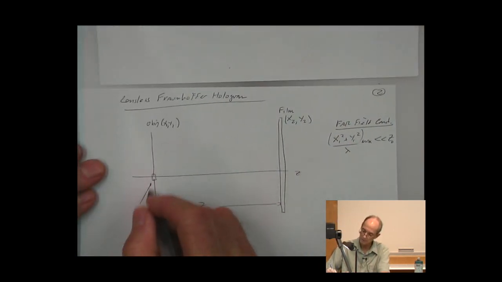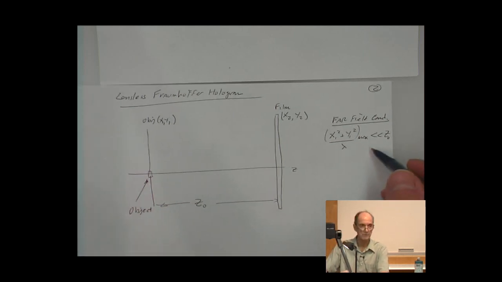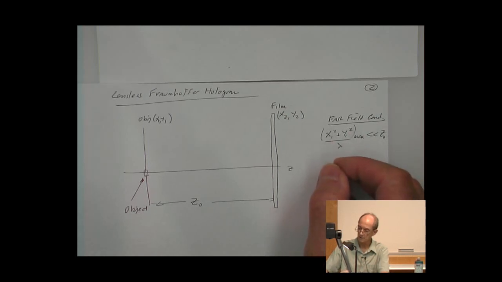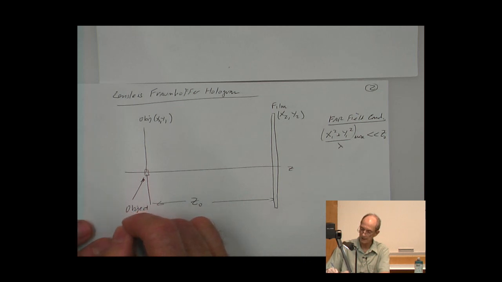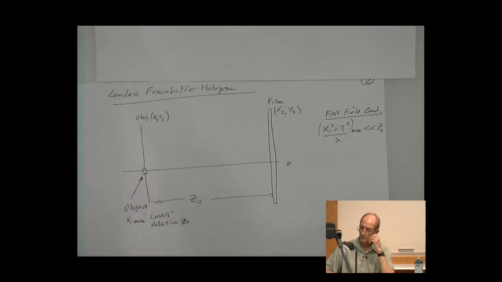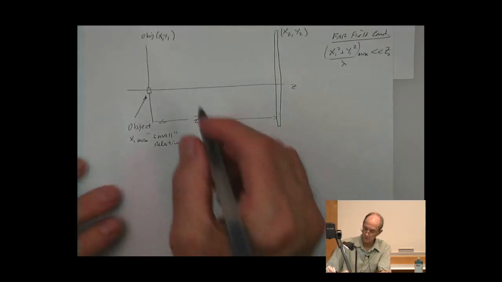And again, here's the object that we have. So one way we can reach this, all right, is to make x1 and y1 small. So our object has x1 max small relative to z0. Okay. All right. So that allows us to be in the far field, and again, we illuminate this.